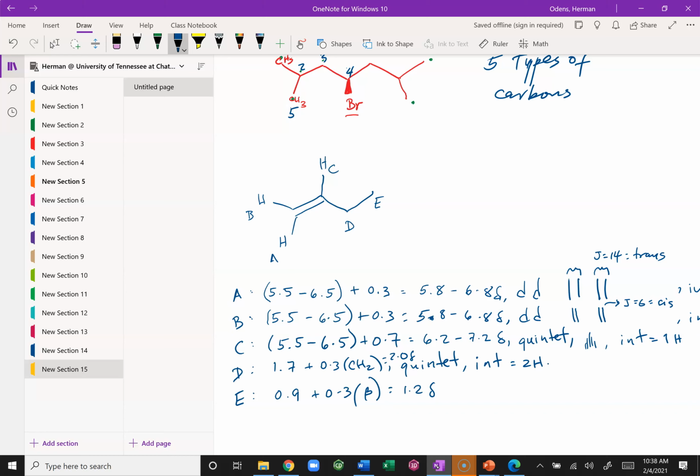You see that? Alpha, beta to it, to the left. And this will be a quartet because it has 2 neighbors. I'm so sorry, it's a triplet, thank you. It will be a triplet that integrates for 3 hydrogens.